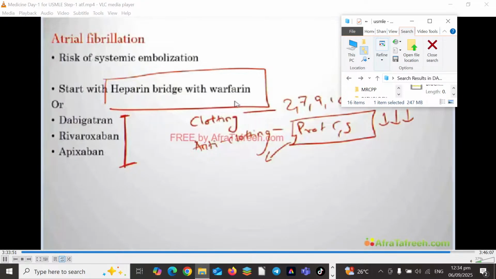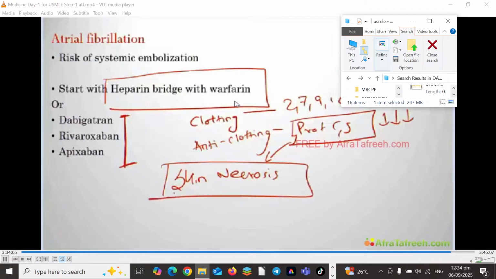The most famous complication that is asked in entrance exams about warfarin use is skin necrosis, warfarin-induced skin necrosis. When you go back today, just look it up. And that is the reason why you have to always start with the heparin bridge mechanism.